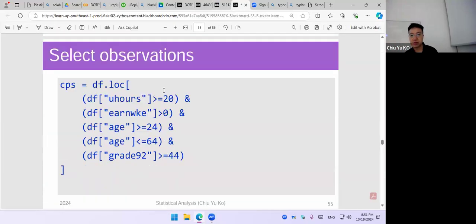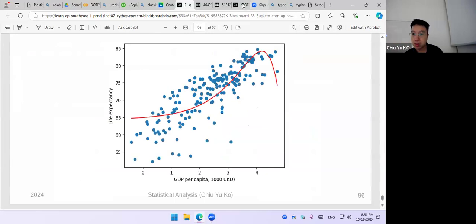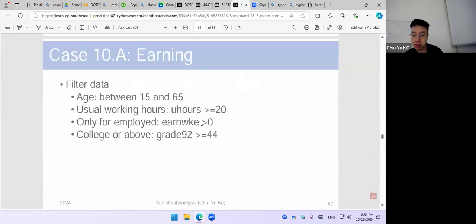The next step is more important: we have to filter the data using the filter command. Hours more than 20, so you are actually working more than 0. Age is between 24 and 64, and the grade is 44. Or 24? Let me see. Should be 15.